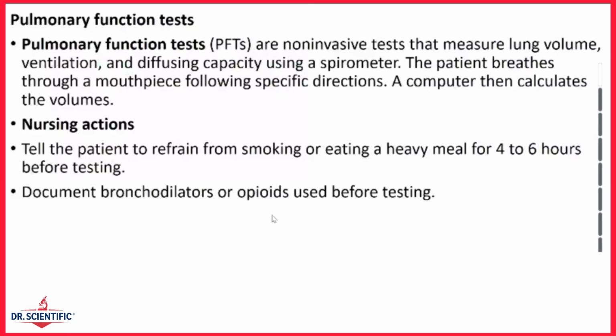Usually the spirometer can again be used for therapeutic purposes to prevent atelectasis postoperatively. That's why postoperatively we always encourage patients to ambulate. Why?